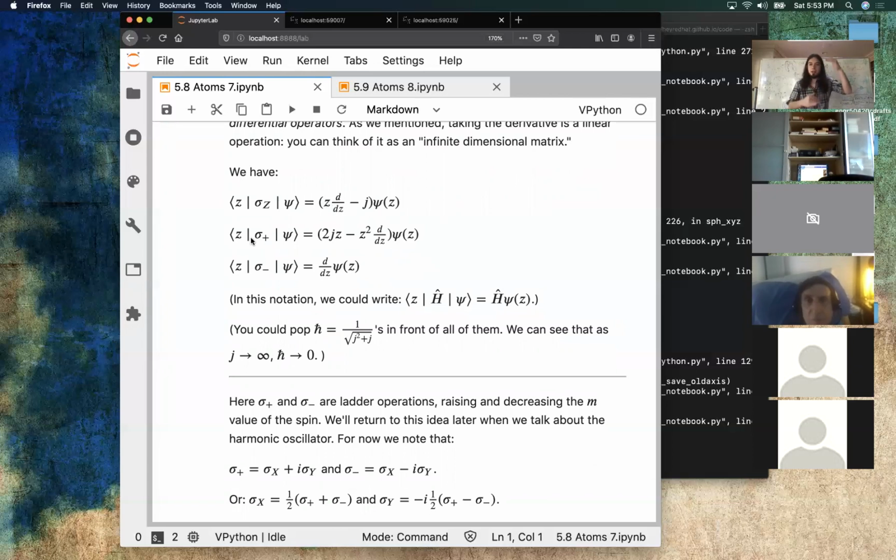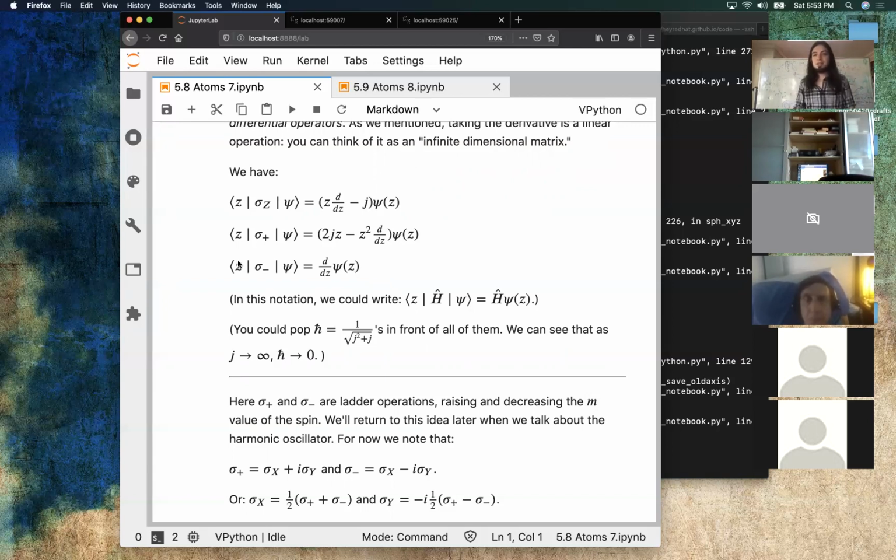Similarly, in these representations of SU(2), there are the ladder operators, sigma plus and sigma minus, which pop you up from one m value to another. If you start at the lowest weight state, then acting with sigma plus is going to pop you up to the next m value. And our friend sigma minus is going to pop you down.